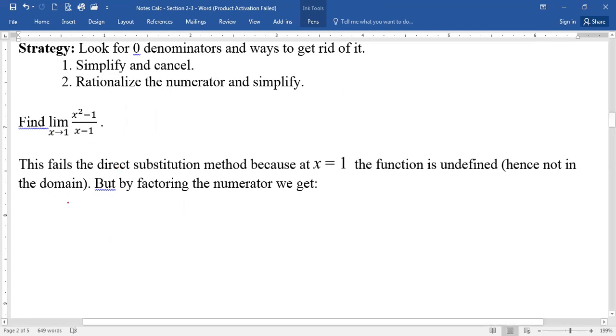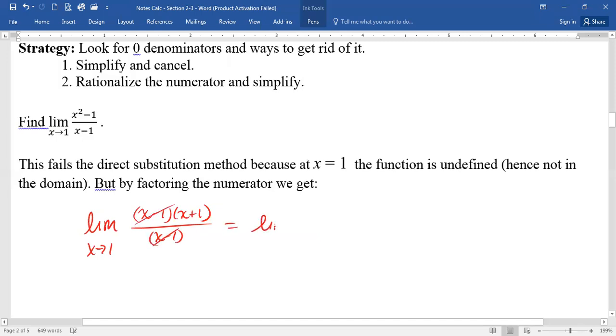But if we factor the numerator, so we have the limit as x approaches 1 of x minus 1 times x plus 1 over x minus 1, then we can cancel those. And it ends up being the limit as x approaches 1 of x plus 1.